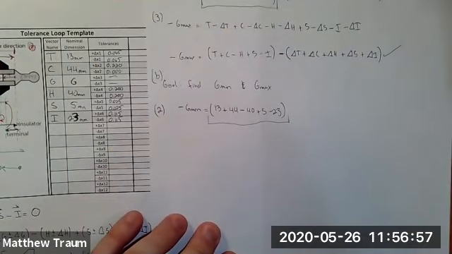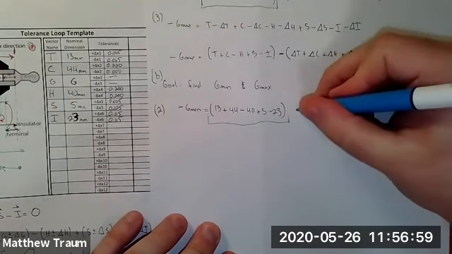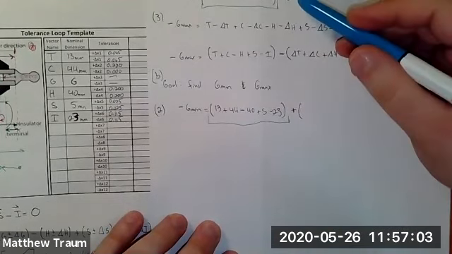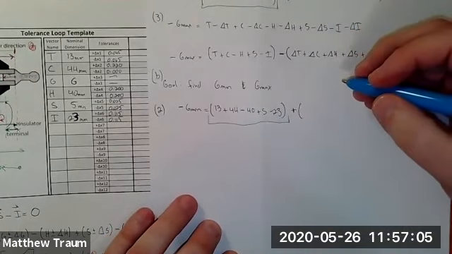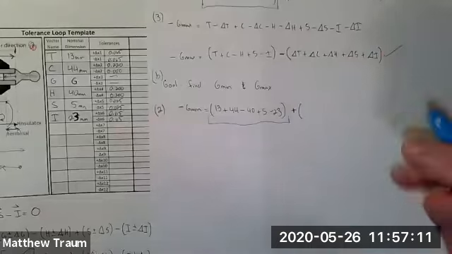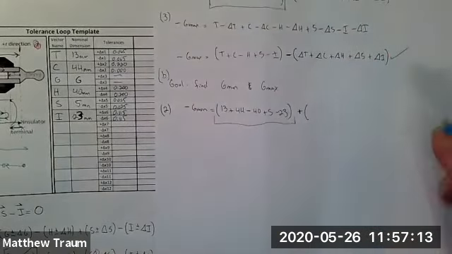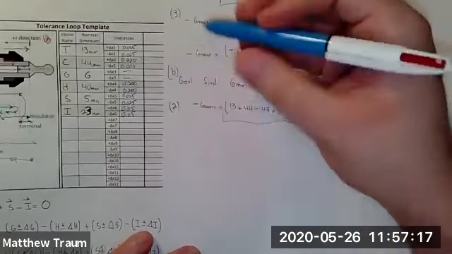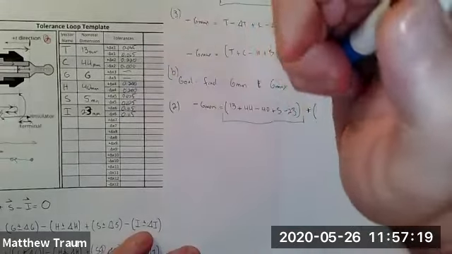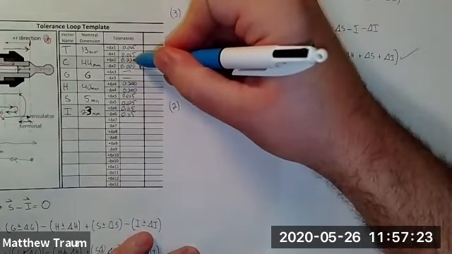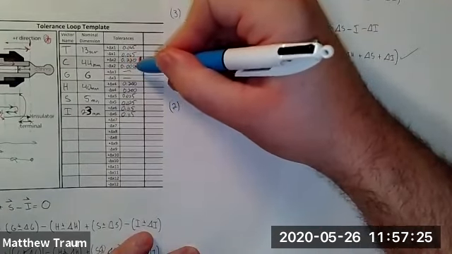And then let me write the tolerances. So I've got plus delta T, and I have to be careful. Okay, so hang on. Let's be careful here for a second. Remember, these are all bilateral except for C. I've got plus 0.22 and minus 0.0.